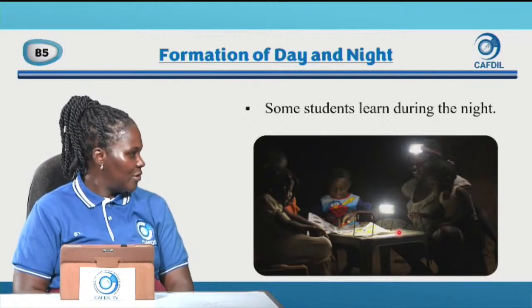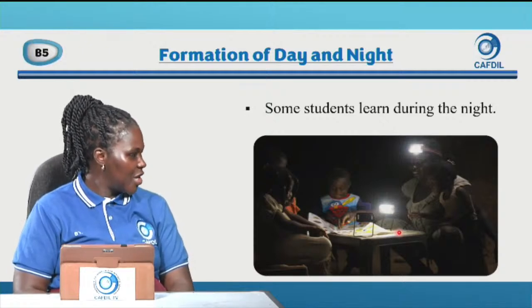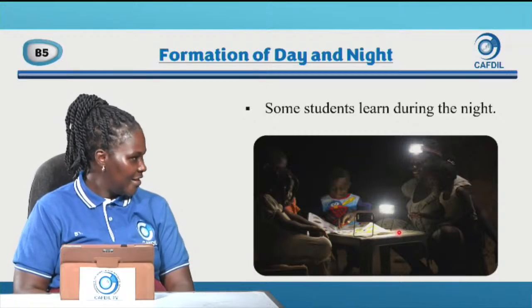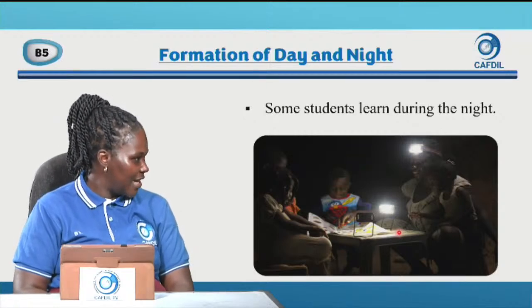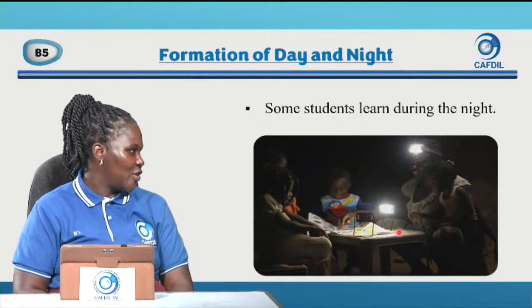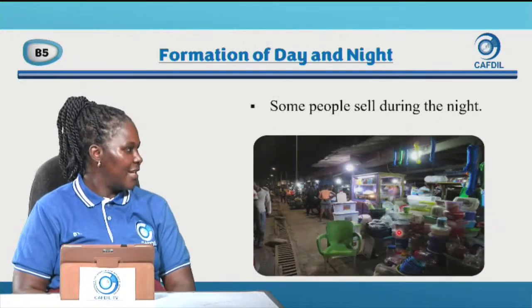After school, you do your house chores. Then you take your homework and then you learn. There is no sun. So you take your torchlights or your lamp and then you learn. So some students learn during the nights.